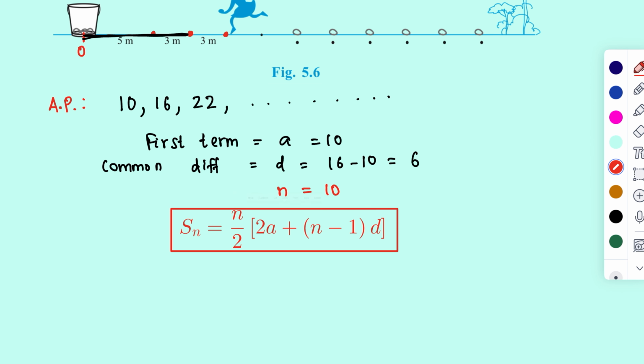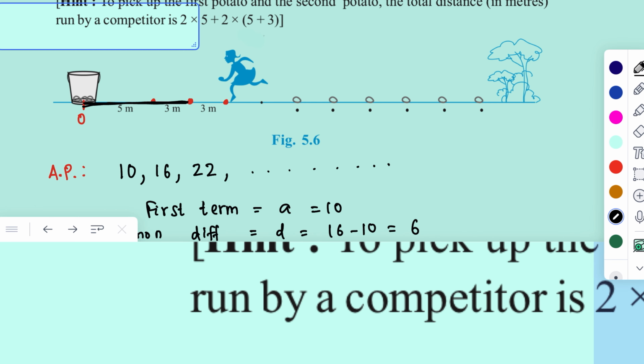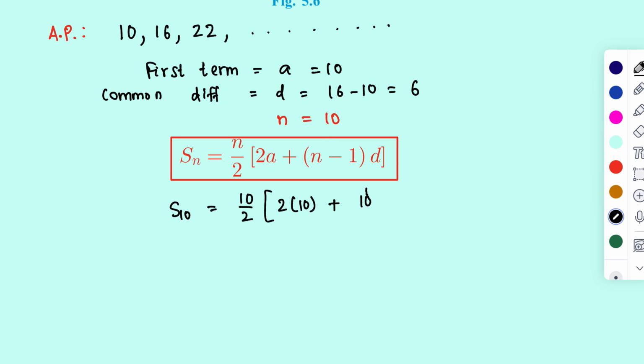So S10 will be equal to 10 by 2 into 2 times a, that is 10, plus n minus 1 into d, that is 10 minus 1 into d, which is 6.